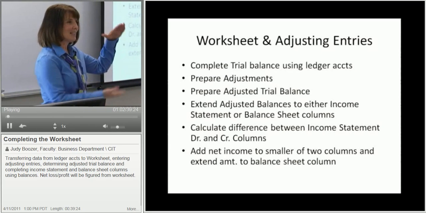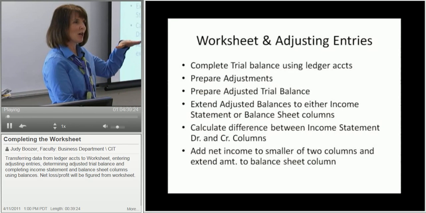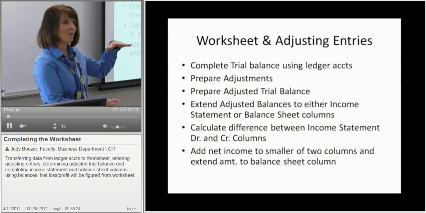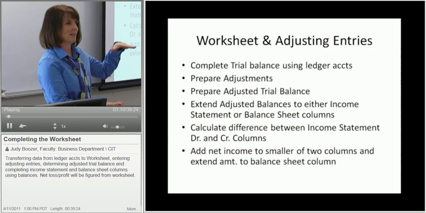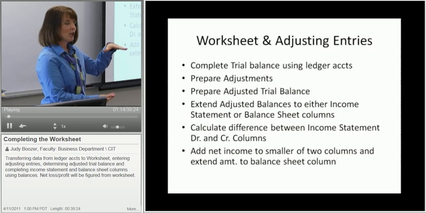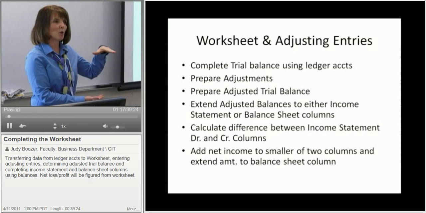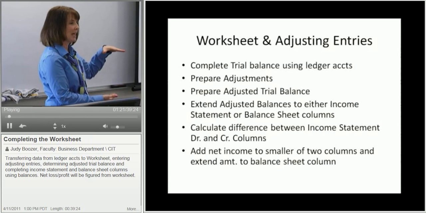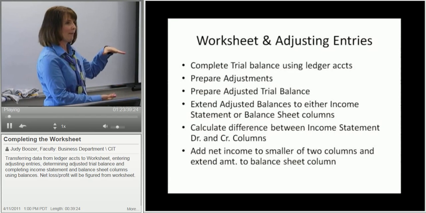It's a listing of all of the accounts in your general ledger, and this book indicates that it's a listing of all the accounts with balances. So what they're saying is this: include only the accounts with balances. If an account has been established but has nothing in it, you don't put it on the worksheet.